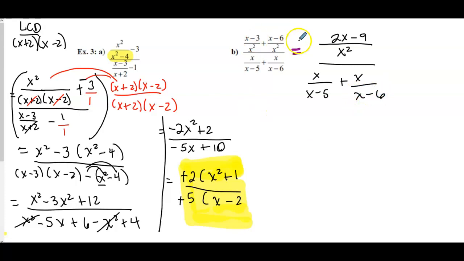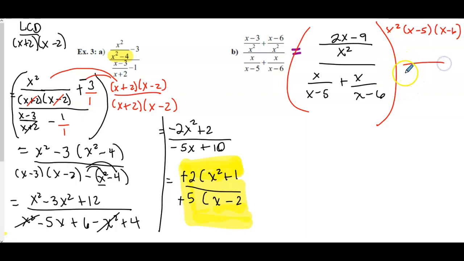We're going to multiply the whole fraction by the LCD of, you need the x squared, you need the x subtract 5, and you need the x subtract 6. Same thing on the bottom, x squared times x subtract 5 times x subtract 6.